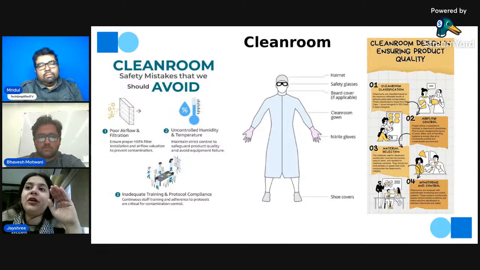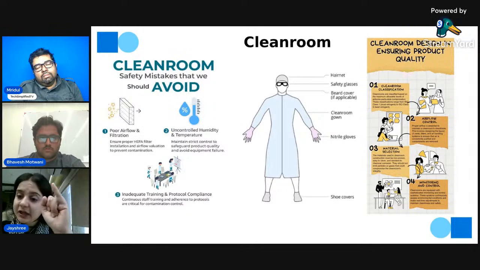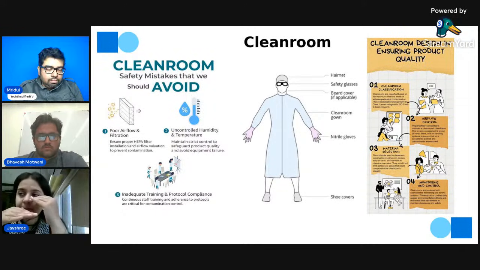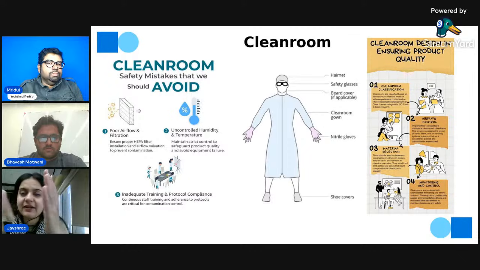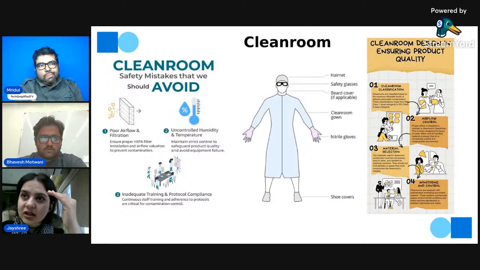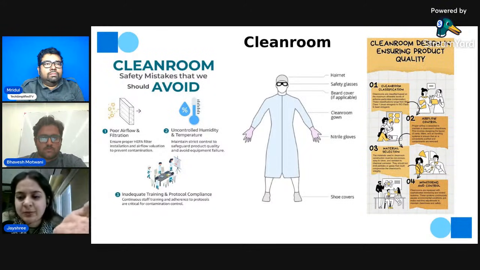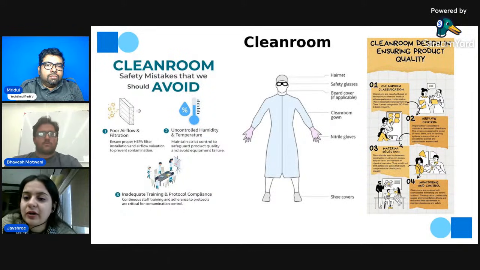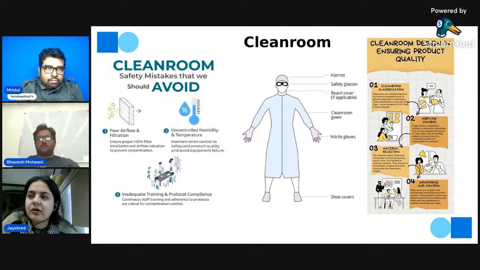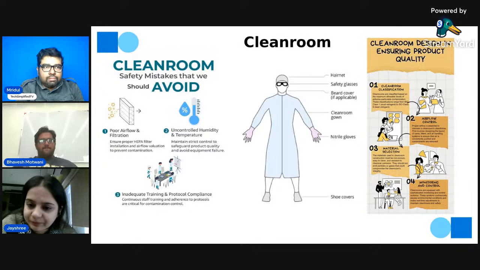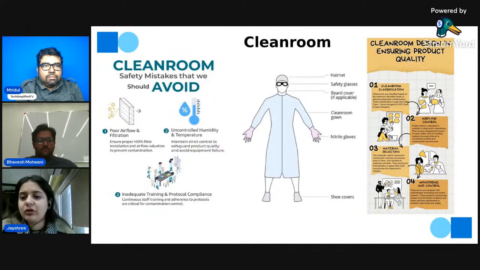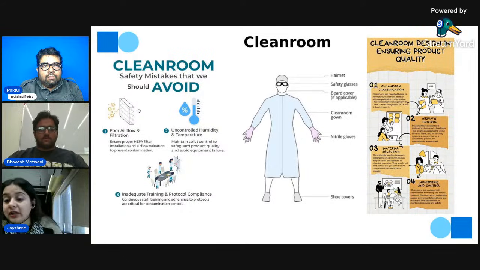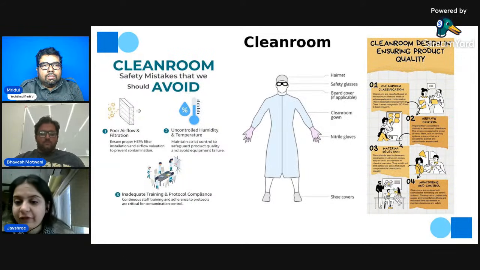You need to make sure that your clean room is cleaned every time. After every process you need to clean that device, and before starting every process we need to inspect and clean that device again, so that we get the perfect finished product without mistakes or defects. Okay, so what could eventually affect the clean room is poor airflow and filtration.